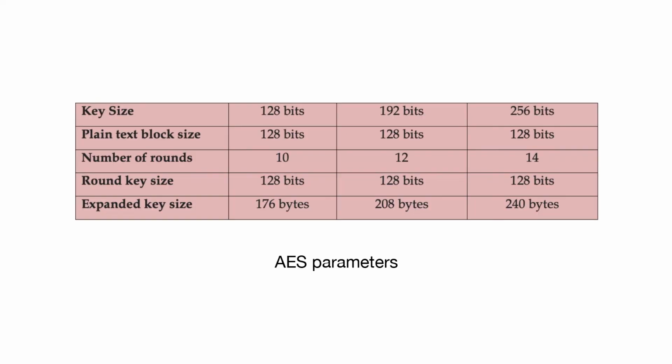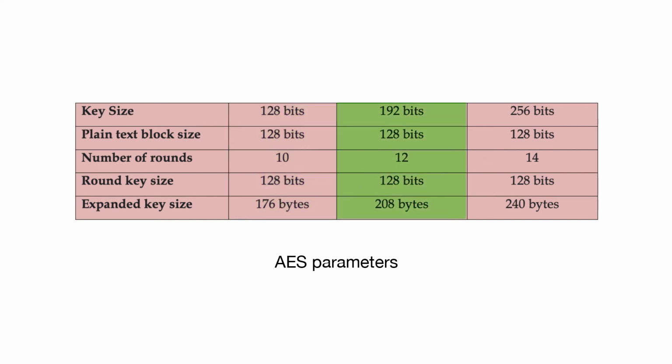The different AES parameters such as plain text block size, number of rounds, round key size and expanded key size depending on the key size are described here. For a key size of 128 bits, plain text block size is 128 bits, number of rounds is 10, round key size is 128 bits and expanded key size is 176 bytes.